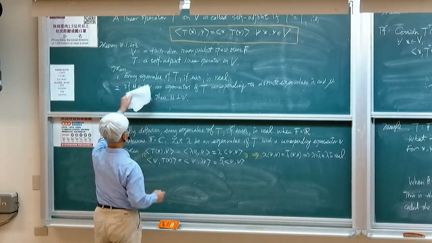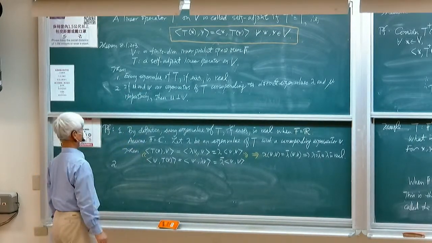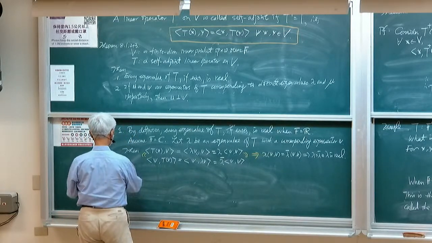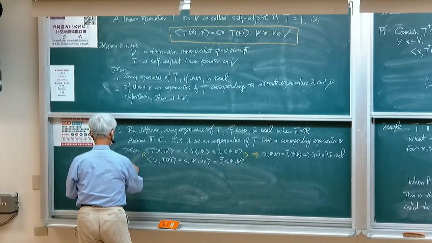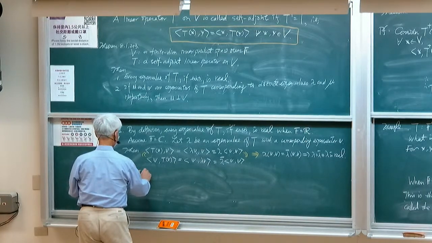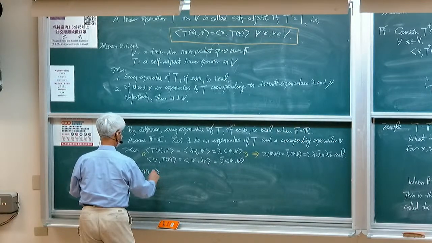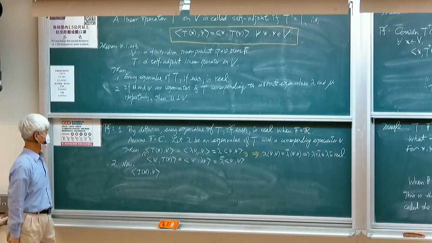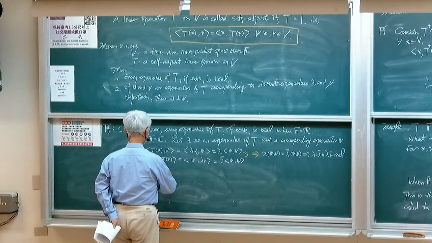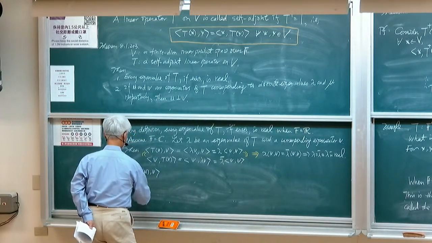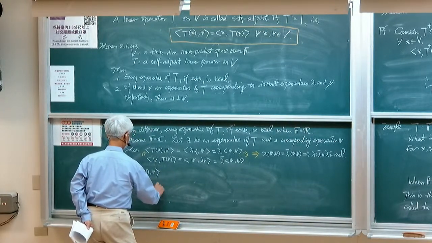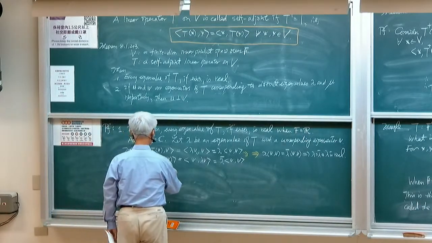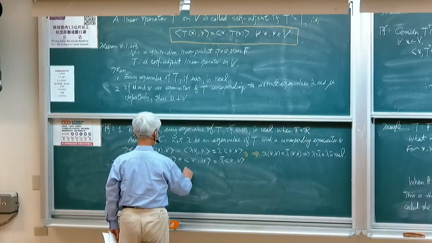All right, now suppose we have two eigenvectors. And so now we consider Tu and v. Okay, and they are the same as u, Tv. Okay, they are the same because T is self-adjoint. And this one is lambda u, v.